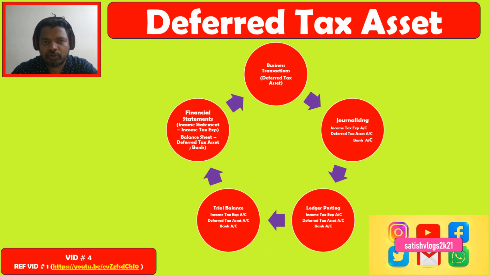Now let's move to the fourth phase of an accounting cycle, which is the trial balance phase. What is a trial balance? Trial balance is nothing but the summary of all the balances of the ledger accounts, right? In the ledger postings, we have created three ledger accounts: income tax expense account, deferred tax asset account, and the bank account. So the balances pertaining to these three accounts are supposed to be updated in the trial balance.